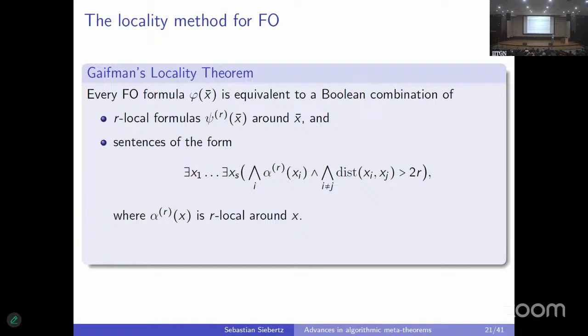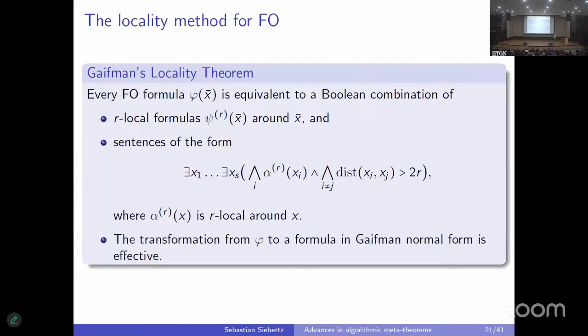So it's a purely local property that you have to check and verify. For all the vertices, locally test the properties, and then solve this independent set problem. And this is a model checking algorithm, because the transformation into the normal form can be done efficiently.